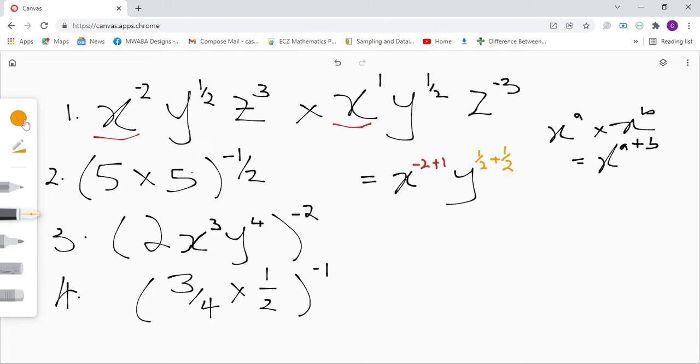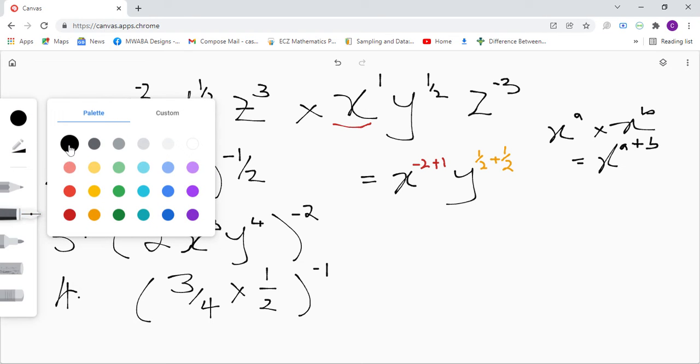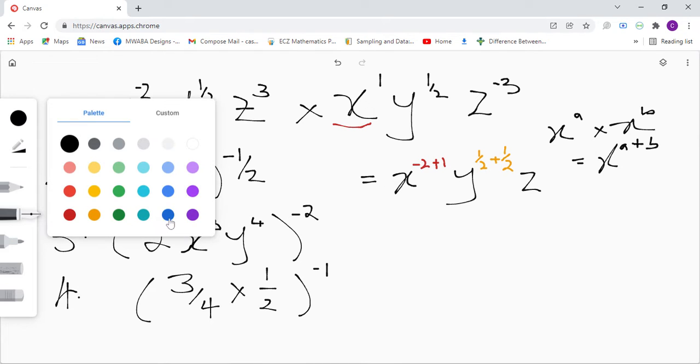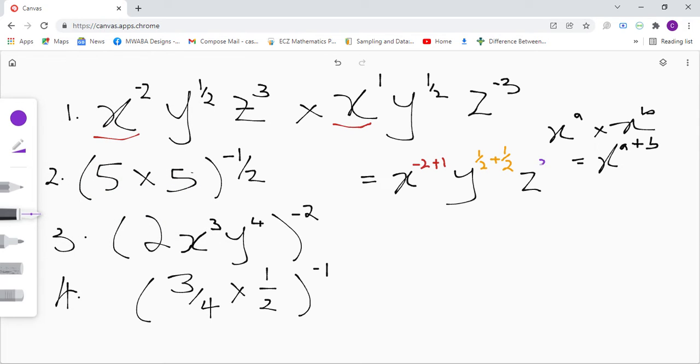We're going to have z to the power 3 plus negative 3.